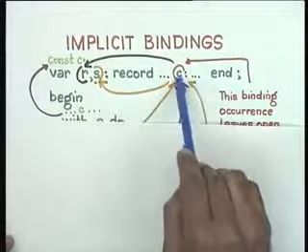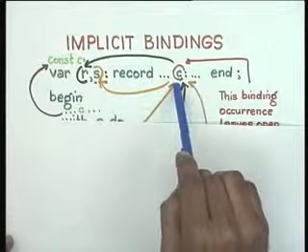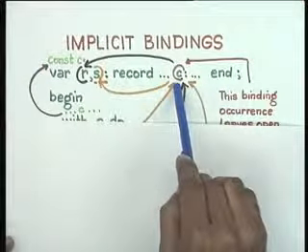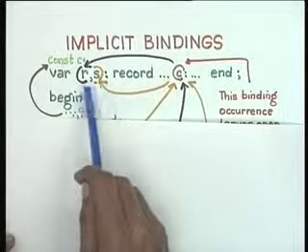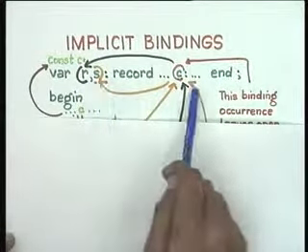So this is a binding occurrence of this C within the record, but however the binding is that C is only bound to all variables that have this record, that are of this type. So the C is not explicitly bound either to this R or this S, both of which are of this record type.